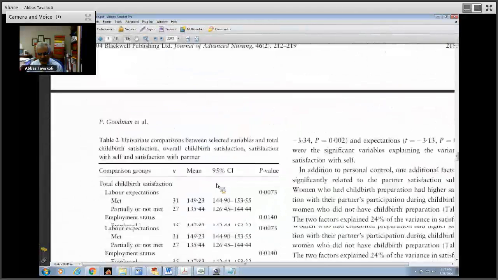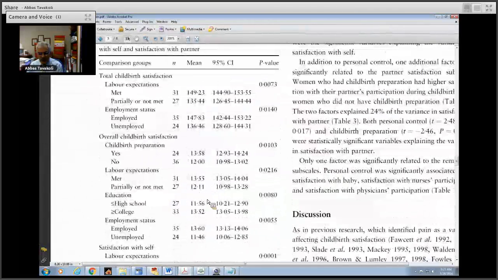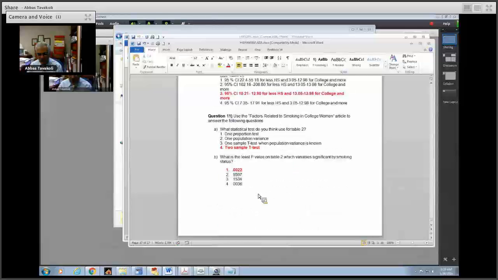And from table 2, answer 3 was correct, at 10.1 and 12.9 for less than high school, and 13.05. So by education, you have two confidence intervals you were going to report. So these are the two values, the correct ones here.